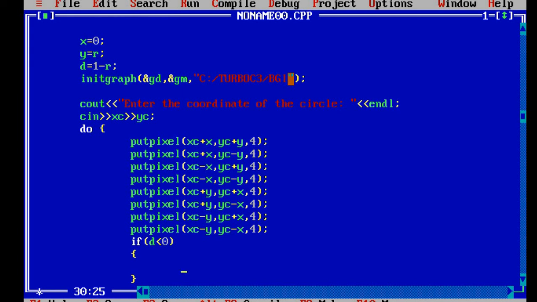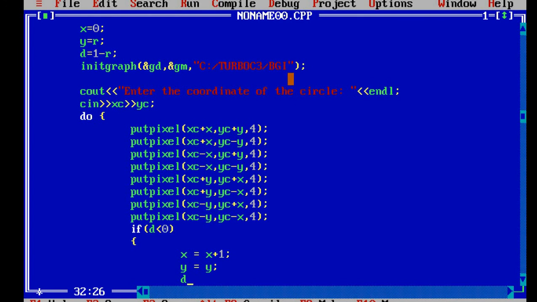If d is less than 0, x is equal to x plus 1, y is equal to y, and d is equal to d plus 2 into x plus 2.